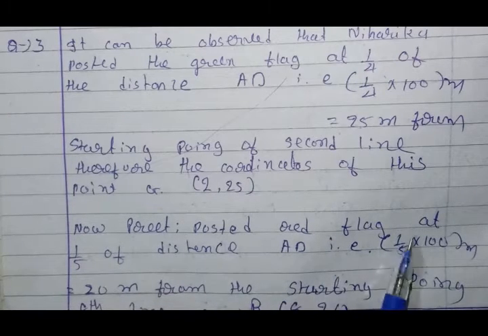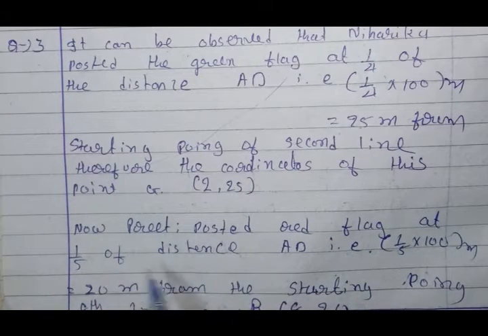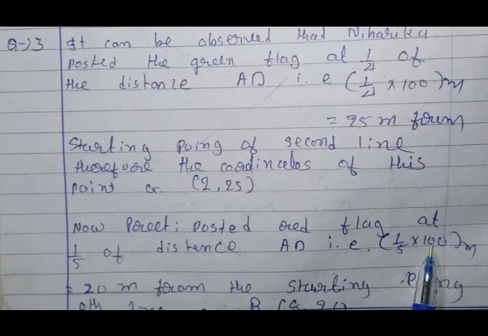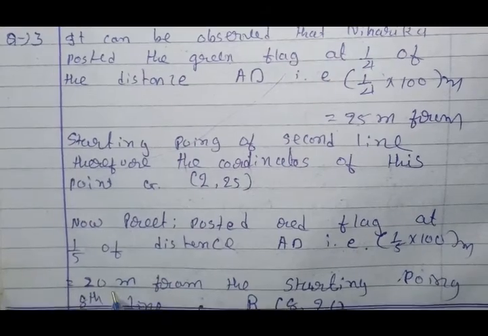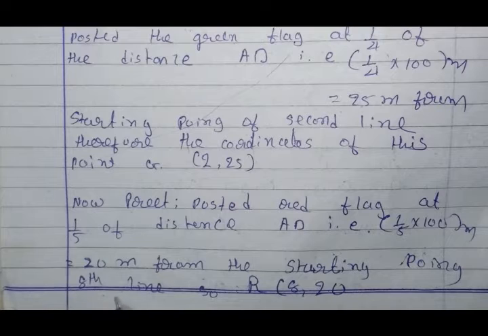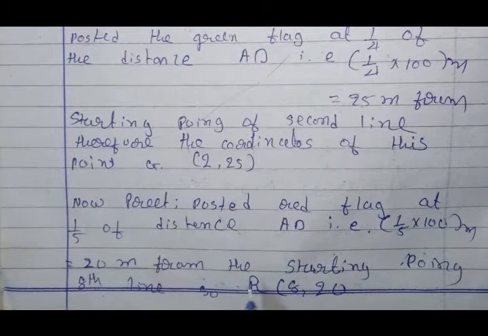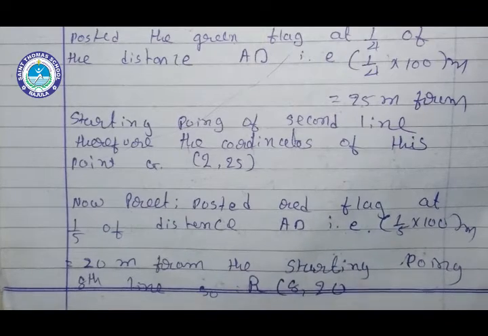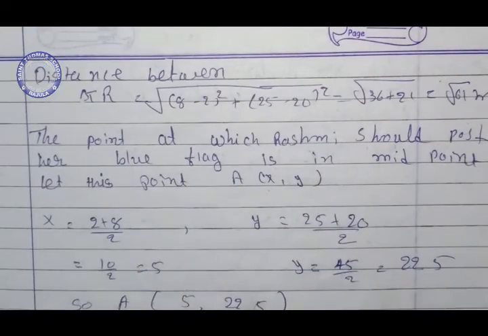Now, Preeti posted the red flag at a distance of 1 by 5 of the distance of AB, which means 1 by 5 of 100 meter is equal to 20 meter from the starting point. So the 8th line is started. So the point R is equal to (8, 20).